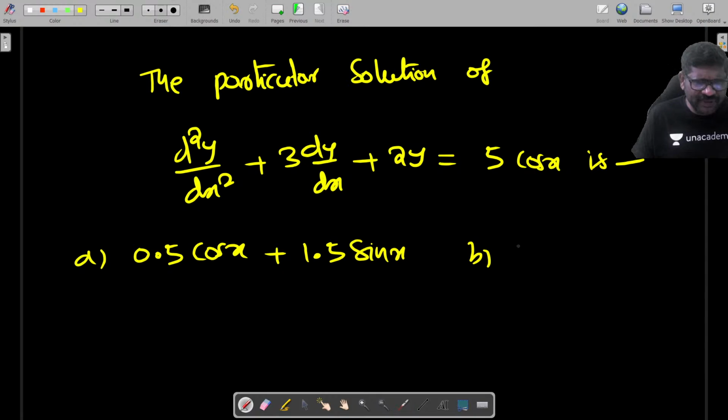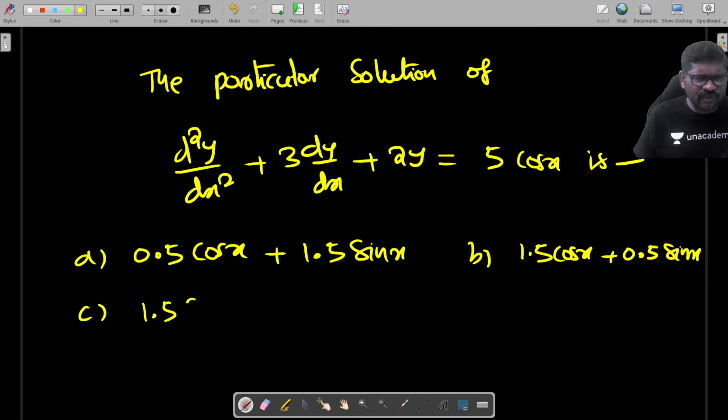Second option, 1.5 cos x plus 0.5 sin x. Third option, 1.5 sin x. Fourth option, 0.5 cos x.